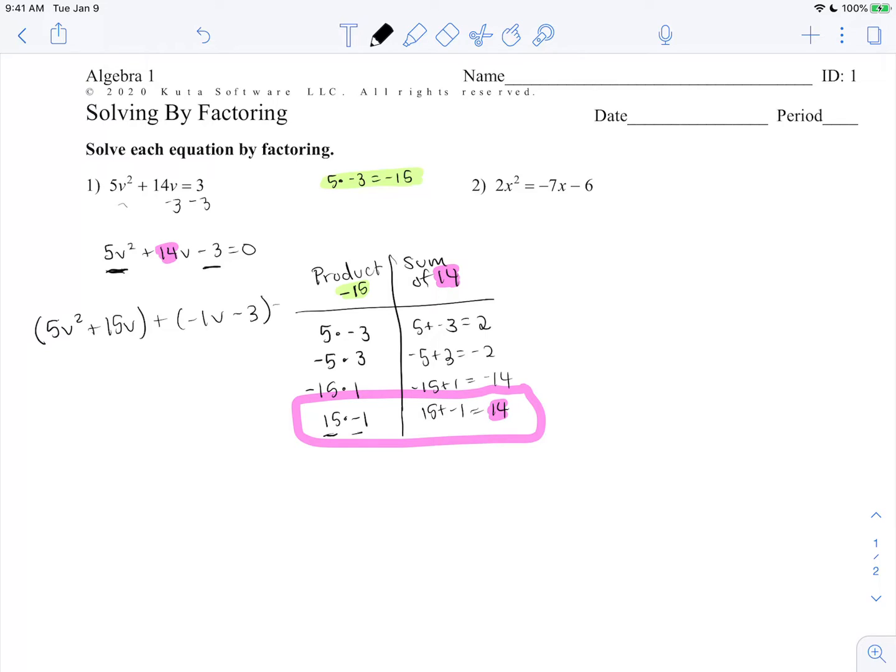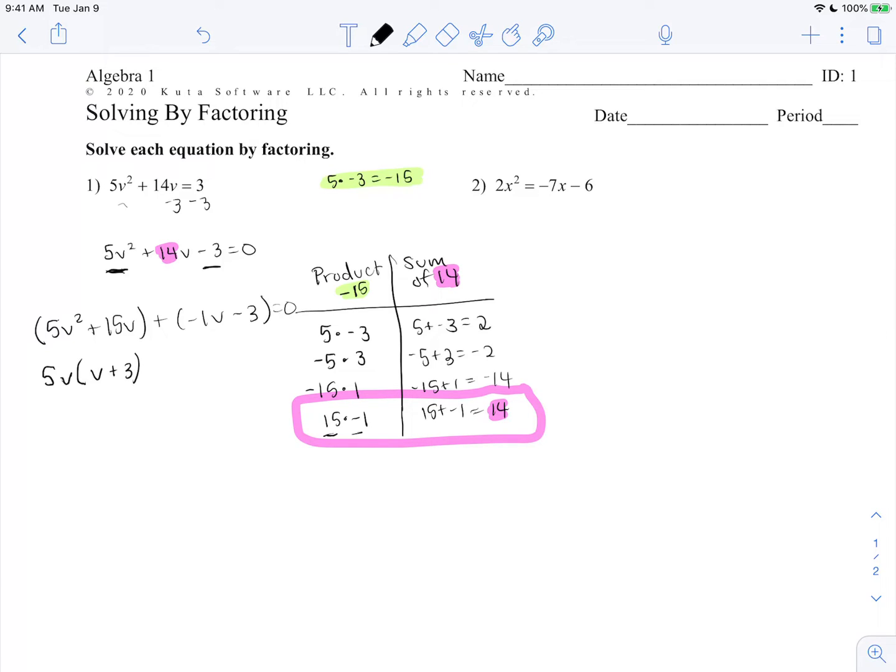I'm going to factor out the greatest common factor from each. Both 5v squared and 15v are divisible by 5, so I factor out a 5. They both have v's, so I'm going to take a v out as well. So we have 5v on the outside, and then we're left with v plus 3.